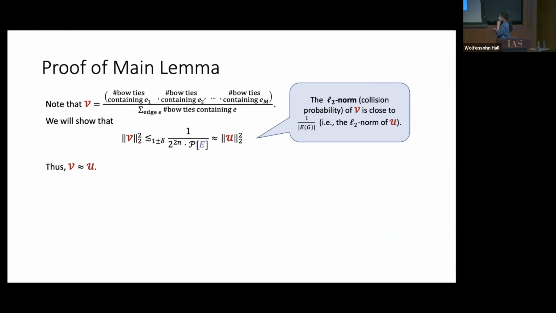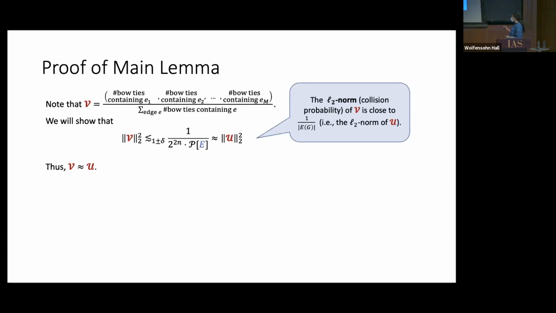Okay, so the main idea behind the proof is to look at this distribution obtained by taking a random bow tie and a random edge. If you write this down as a probability vector, the probability that a particular edge is sampled is proportional to the number of bow ties that contain that edge. So this is exactly the distribution that we want to show is close to the uniform distribution.